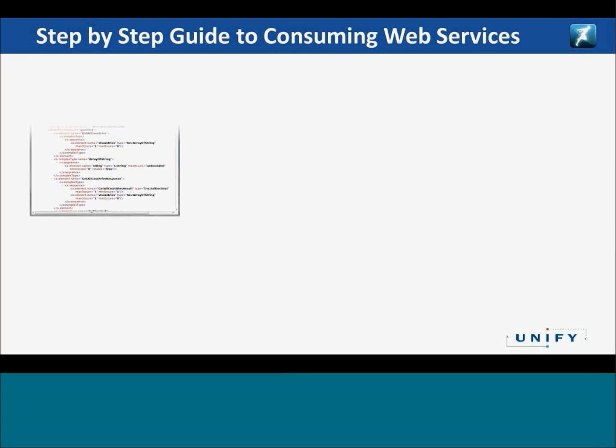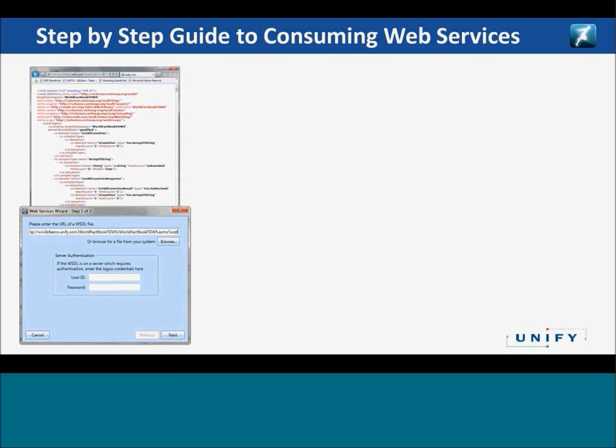So the step-by-step guide to consuming web services. When you want to consume web services, the first thing you need to have is access to the WSDL URL. If you enter that into your browser, then the web service will display the WSDL in your browser, which is an XML document. And you just copy the URL of that web service and paste that URL into the new web service wizard of Team Developer.